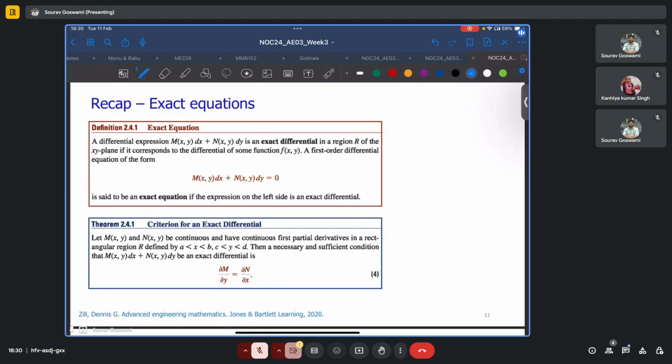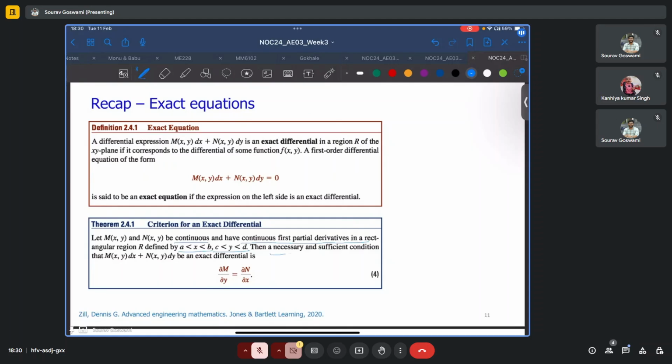But how do we know if it is an exact differential? Mathematically, the criterion is laid out here. Let M(x,y) and N(x,y) be continuous and have continuous first partial derivatives in a rectangular region R defined by a less than x less than b and c less than y less than d.